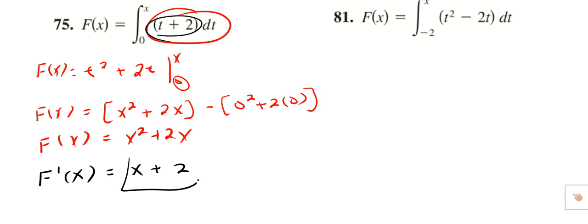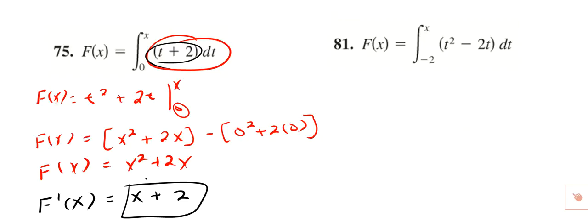That's what we had there, x plus 2. So if we have this form and we want to use the second fundamental theorem of calculus, as long as it's going from some number a to x, and it's not a function of x, so it's not a cosine of x or x squared or sine of x or x to the third, then we can use the second fundamental theorem of calculus to quickly find the derivative of the antiderivative.